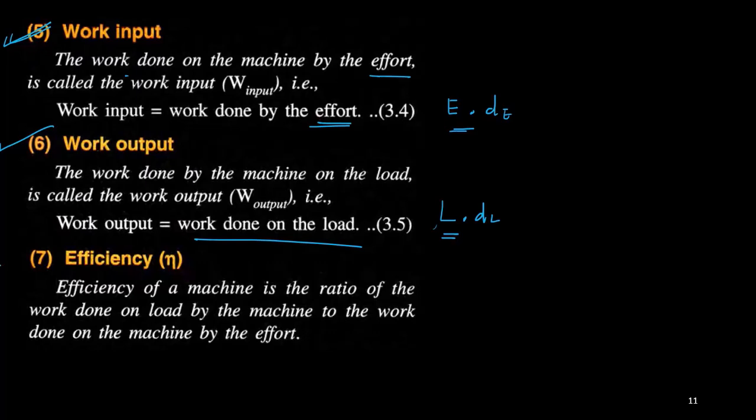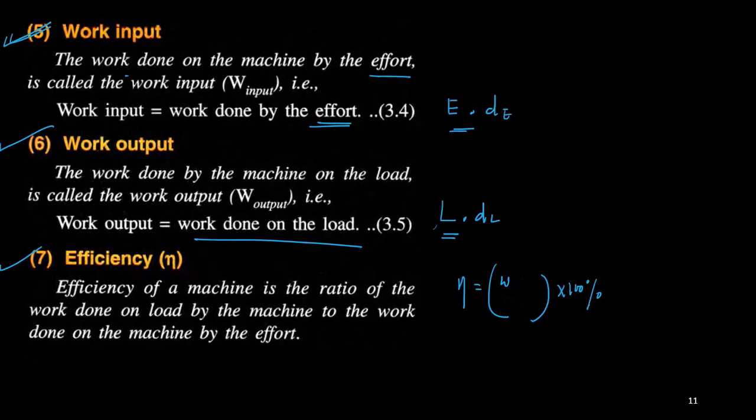Now if I take the ratio of these two, that gives the efficiency. So efficiency should be equal to work output by work input, multiplied by 100%. Efficiency is always less than 100% because, sorry, not input by output, output by input.